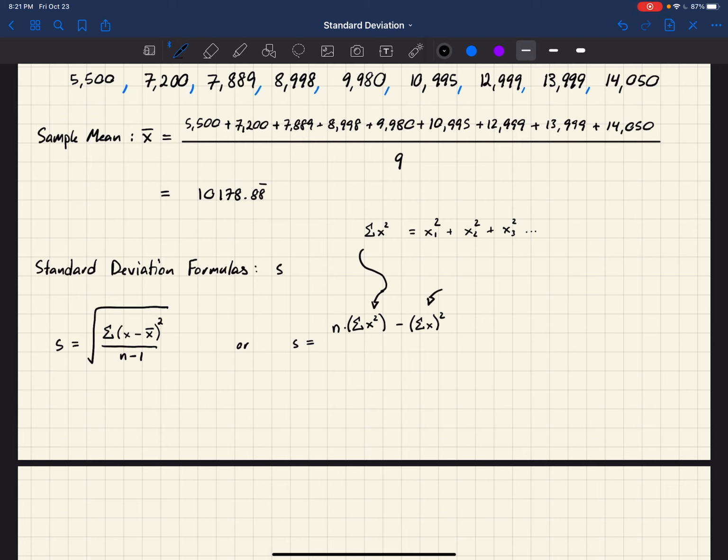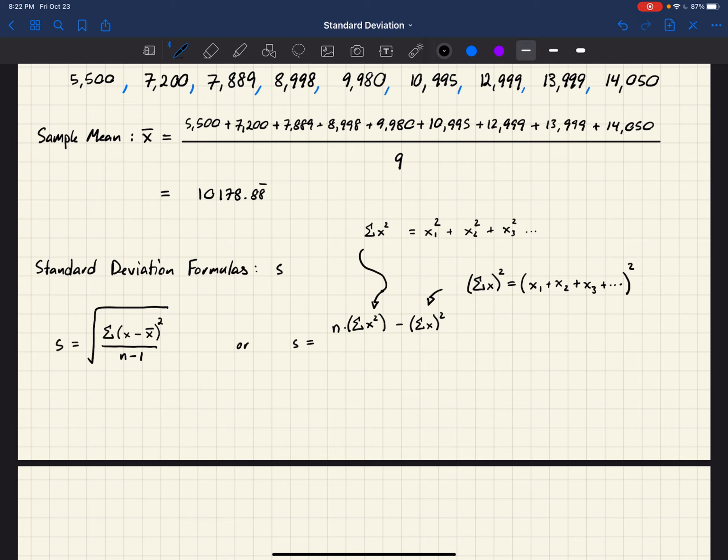Here, what we have, the sum of the data squared, we are going to add the first piece of data to the second piece of data, to the third piece of data, and so on. After we add all of those pieces of data, we are going to square that value.